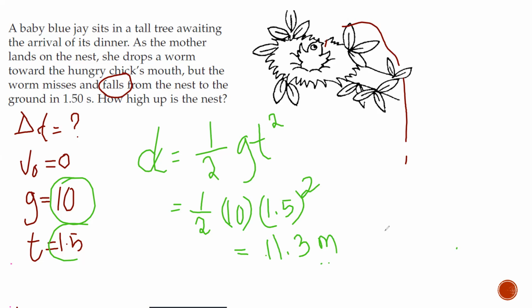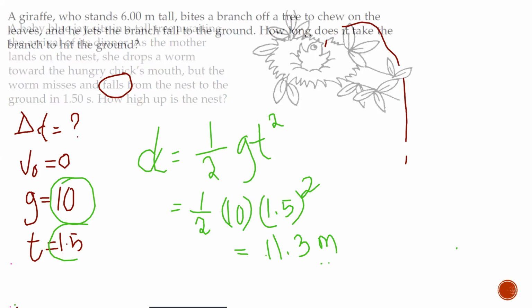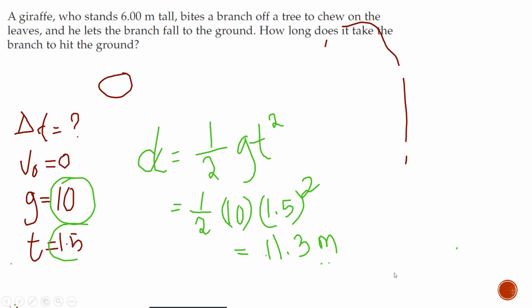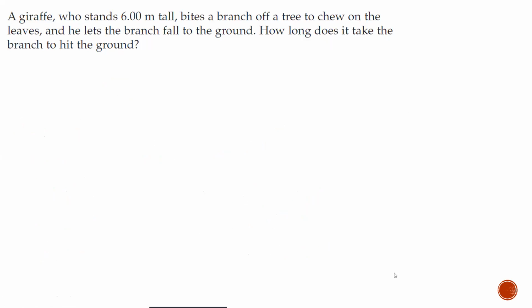Let's go now to the last one here. Now here, there's a giraffe who stands 6 meters tall, bites a branch of a tree to chew the leaves, and he lets the branch fall to the ground.